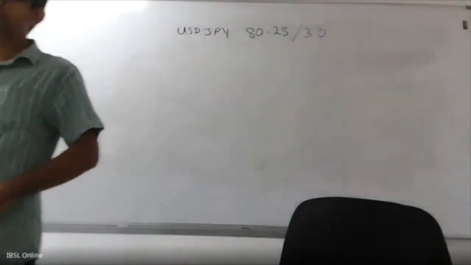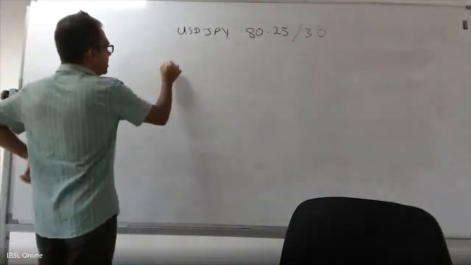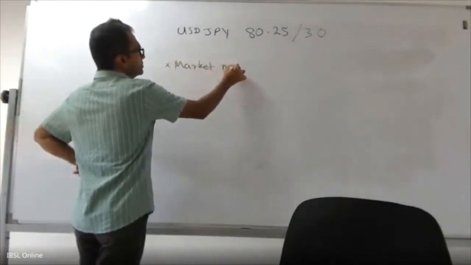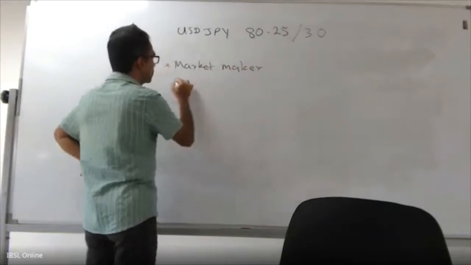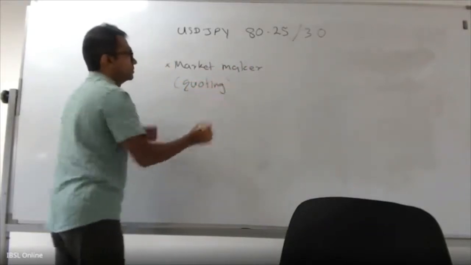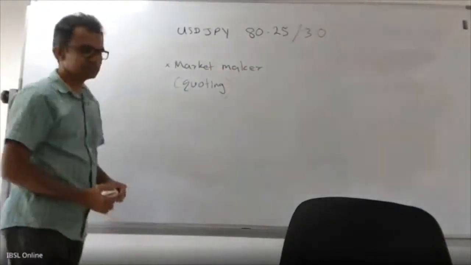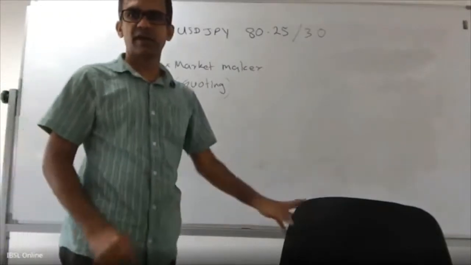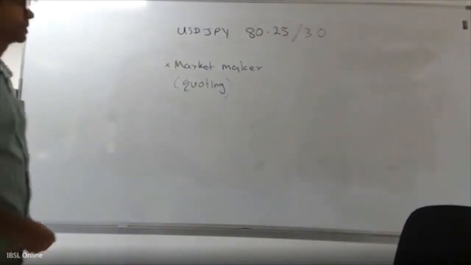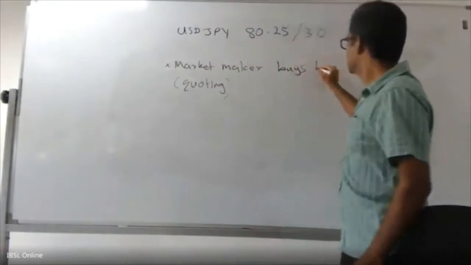Dollar yen 80.25/30. Market maker, that means the quoting party, the party who makes this quote. What will he do at 80.25? Market maker buys the base currency.